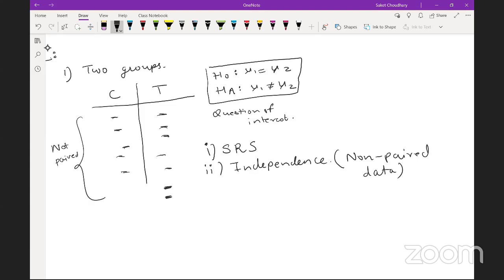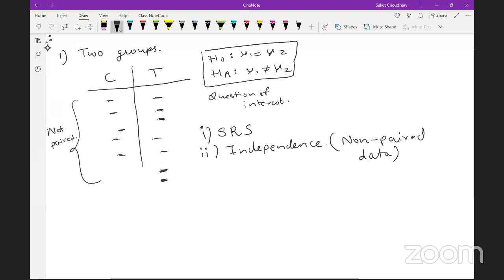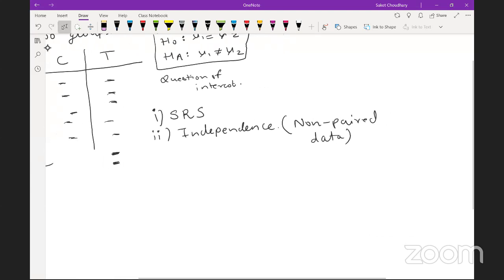The moment you pair any observation, then this particular set of observations is no longer independent. They are dependent because they're being measured essentially on the same commodity or entity, whatever you want to call it.